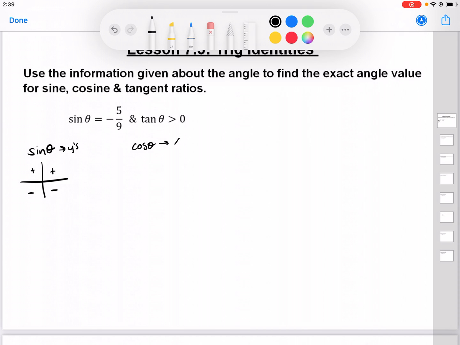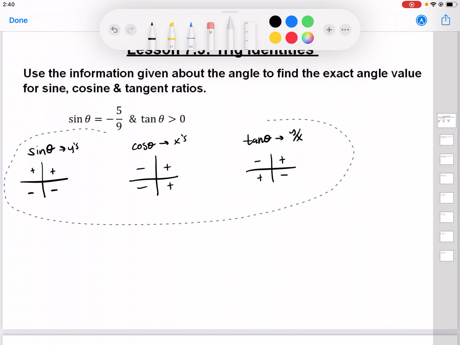Cosine deals with your x's, and cosine is positive in the first and fourth quadrant, but negative in the second and third quadrant. And then tangent is your y over your x. So it's positive in the first quadrant and positive in the third quadrant, because in the third, both the x and the y are negative, but in the others it's going to be negative. That's really important to know so that we can pick the right quadrant.